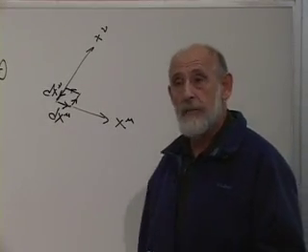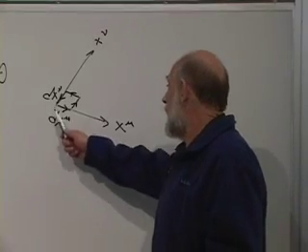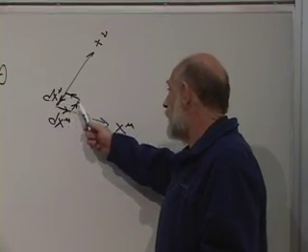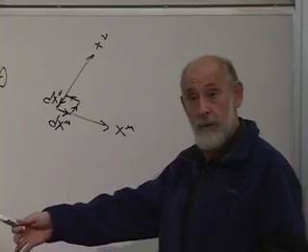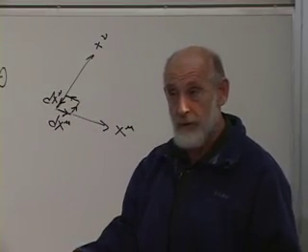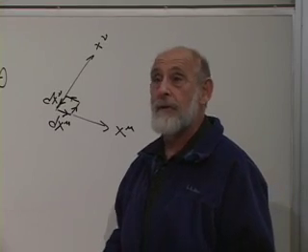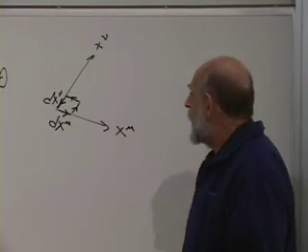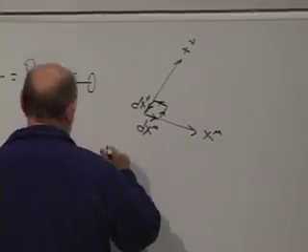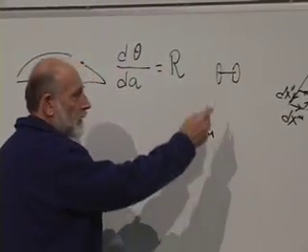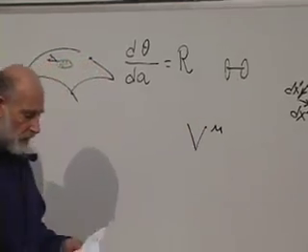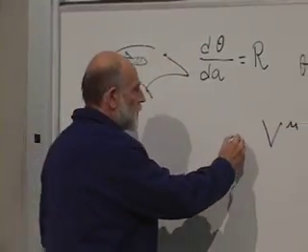Parallel transporting it means that the covariant derivative along the curve is 0. So you would think it must come back to itself if the covariant derivative is 0. But the thing is, the covariant derivative is not the ordinary derivative. And so if we start with a vector v, and we transport it around the closed curve, there will be a change.